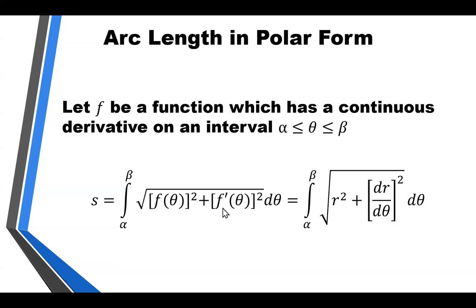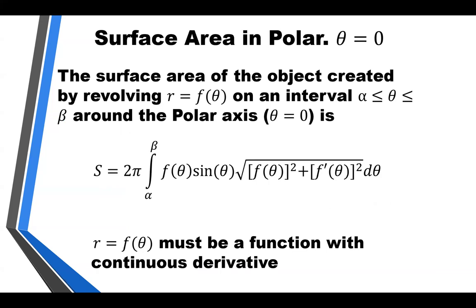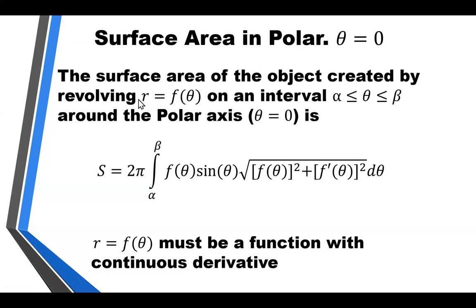Now, if we have arc length, it's a short jump going from arc length to surface area. If we do surface area, basically, depending on whether I'm rotating around the polar axis or rotating around the line theta equals pi over 2, we're going to get different surface area formulas. So we're going to have this nice function, r equals a function of theta, on an interval between alpha and beta.